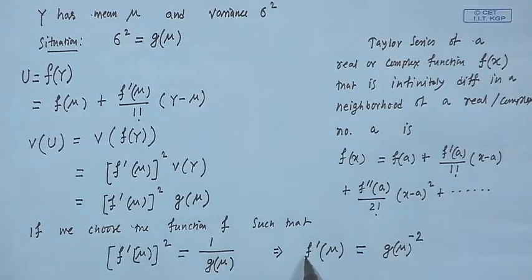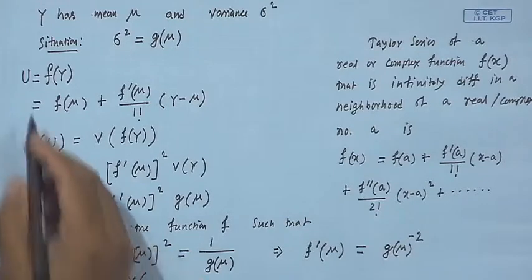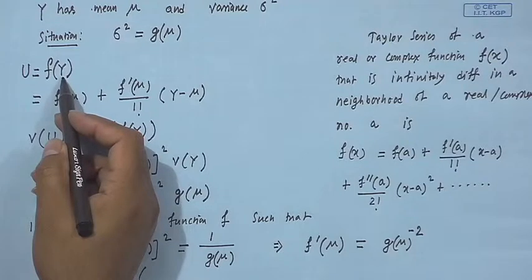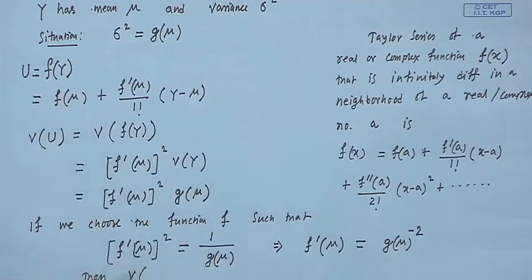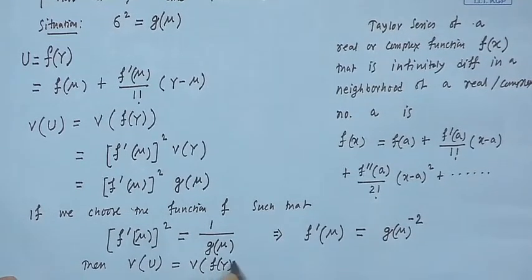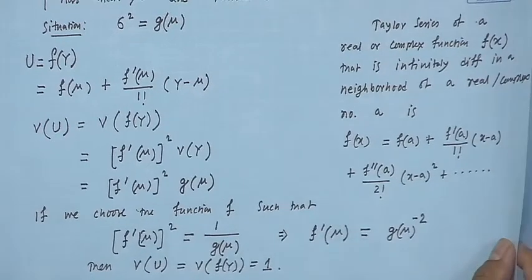If you can find a function f such that f prime(mu) is equal to this, because g(mu) is given, then you are looking for a transformation of y such that f(y) has constant variance, then variance of u, which is nothing but variance of f(y), is equal to 1.